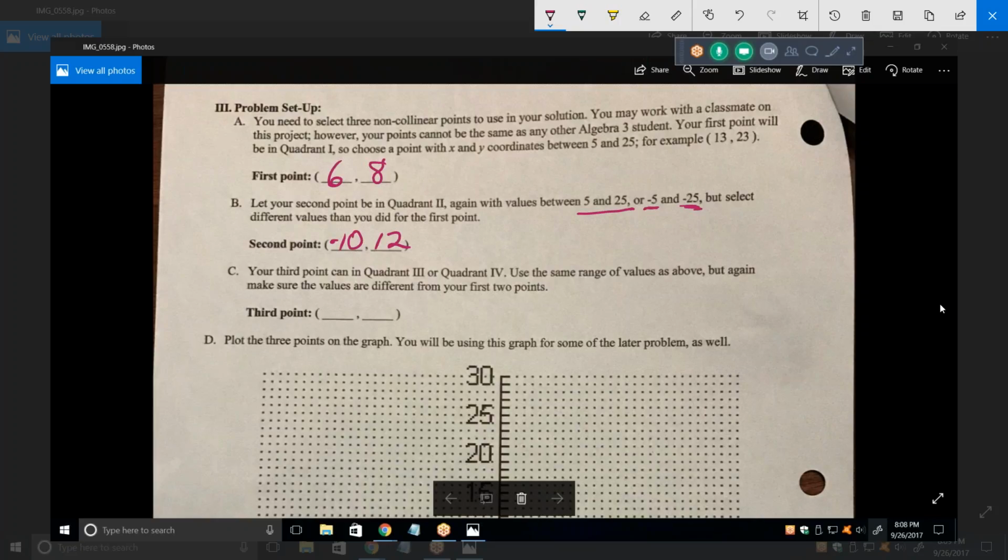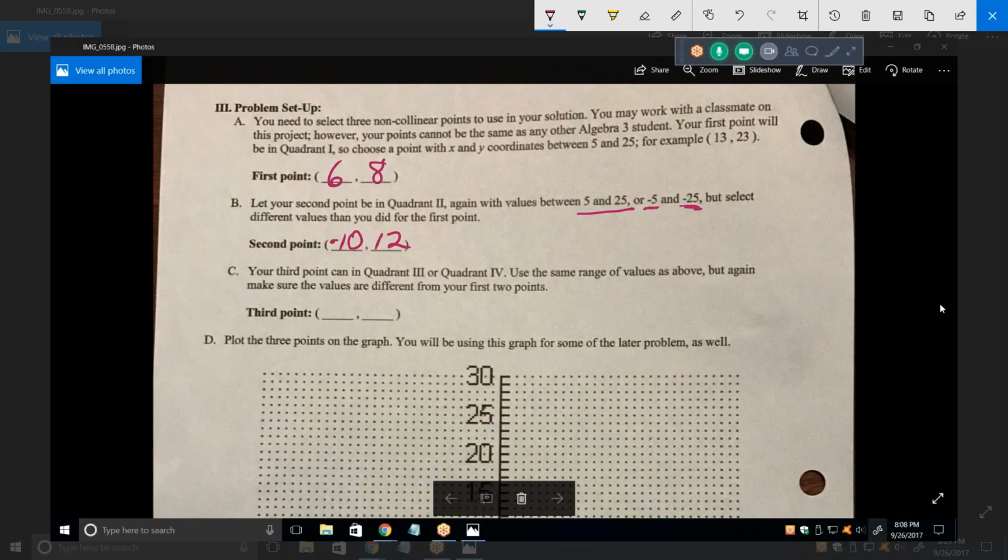Now your third point can be in either quadrant 3 or 4. Use the same range of values as above, but again, make sure that they're different than the first 2. So first of all, pick a quadrant. Let's do quadrant 4. Is the x value plus or minus in quadrant 4? It would be a plus.